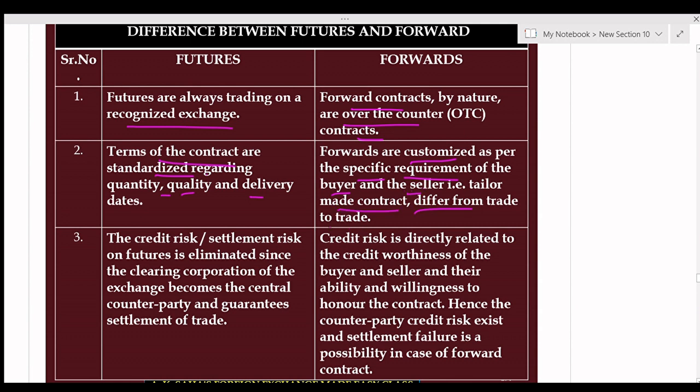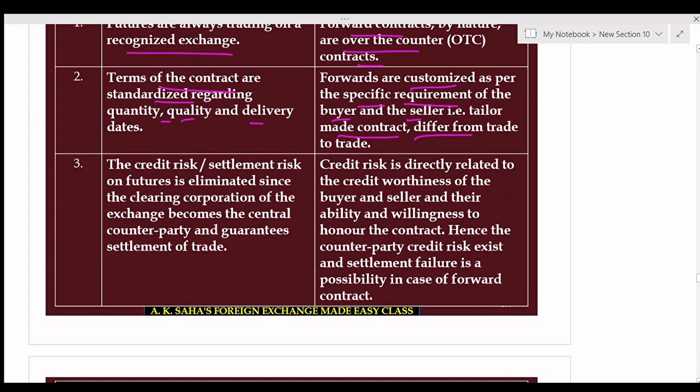The credit risk or settlement risk on futures is eliminated since the clearing corporation of the exchange becomes the central counterparty and guarantees the settlement of the trade.